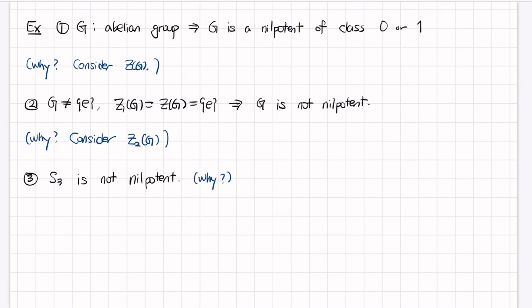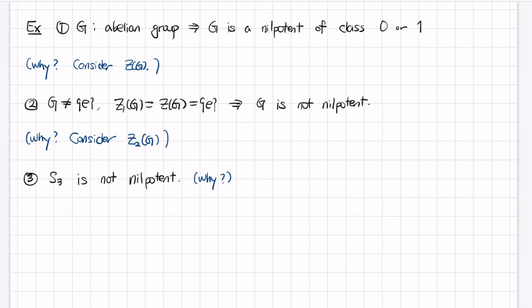And now that we have talked about the definition of nilpotent groups, I'm going to show you some examples of whether a group is nilpotent or not. And for the sake of time, I'm going to pose questions as to why. So the first one is that if a group is abelian, then it has to be nilpotent of class 0 or 1.